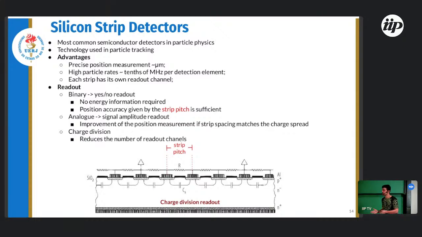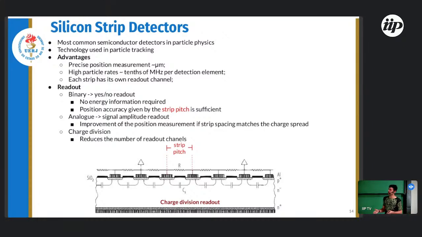And sometimes we can have strips with their own electronic signal, which is also very nice because of the miniaturization of the electronics. And depending on the type of measurement, we can measure several strips in one electronic channel, or we can take one signal per each strip. This will vary with our application, if we want high rate or low rate; that will depend on what we want to measure.